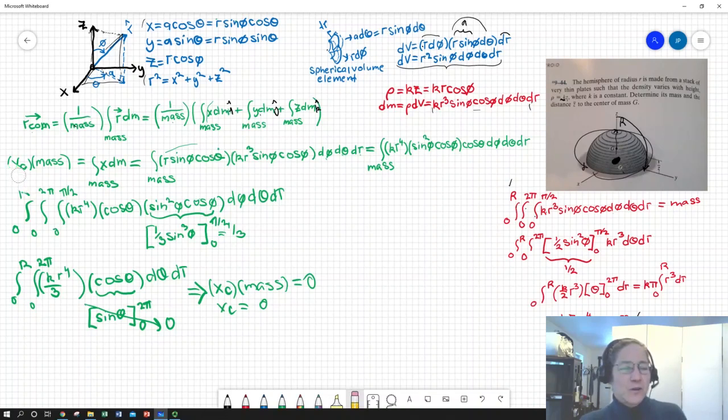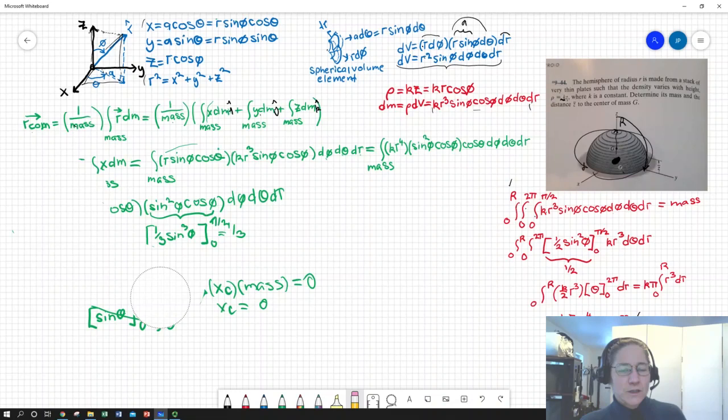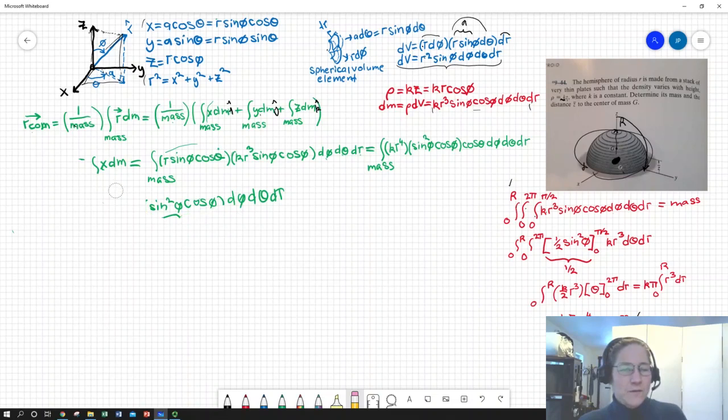So now ready to move forward. I'm going to erase this. So we kind of knew what that answer was going to be. But that gave us some confidence to move forward with our z direction. And hopefully if you've seen some other centroid and center of mass problems, you'll notice that the crux really was the definition of the volume element.